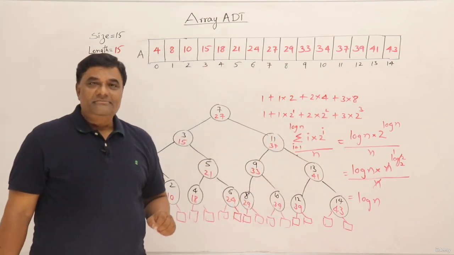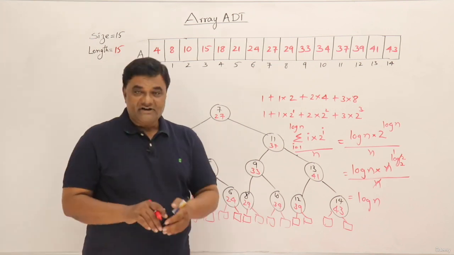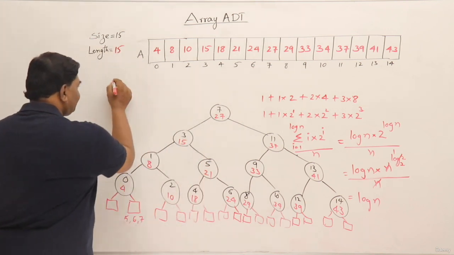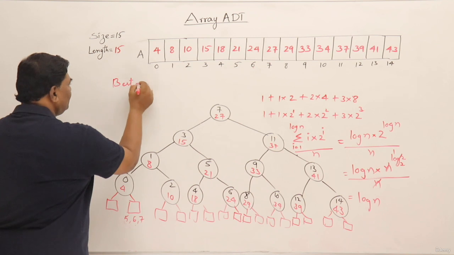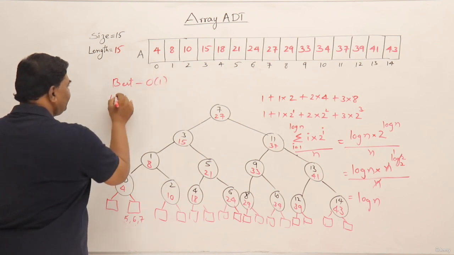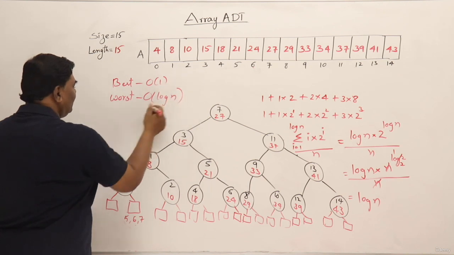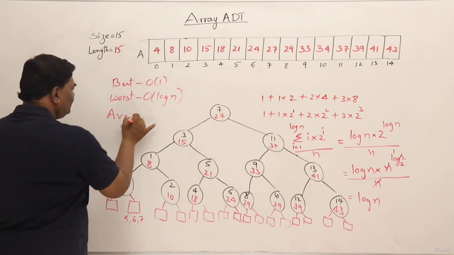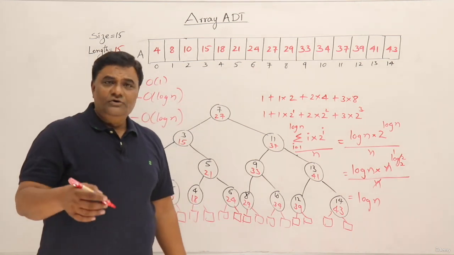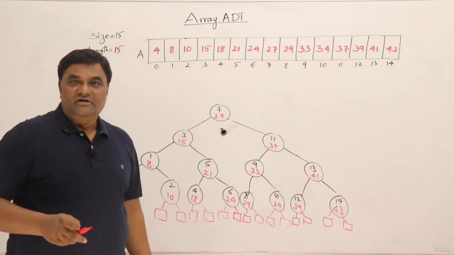So average case time is also log n. So we have seen best case time is 1, worst case time is log n, and average case time is also log n. Then we'll do some more analysis on this.